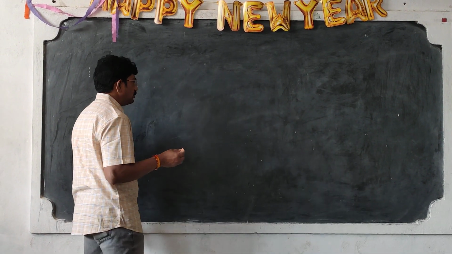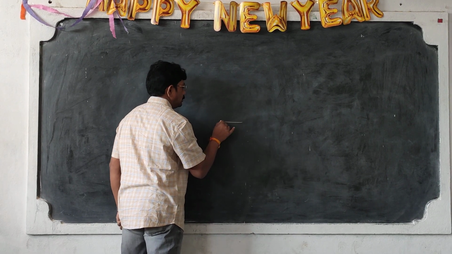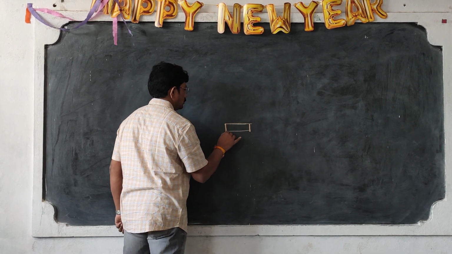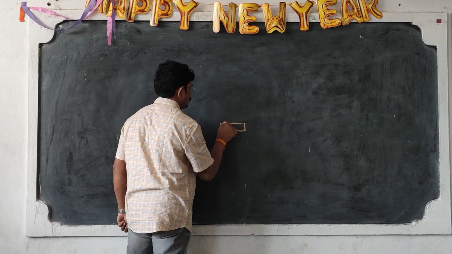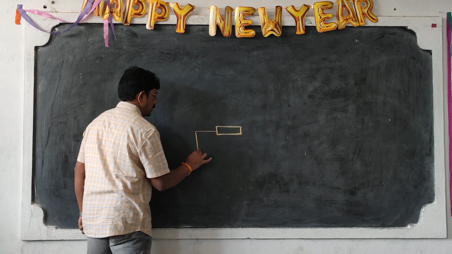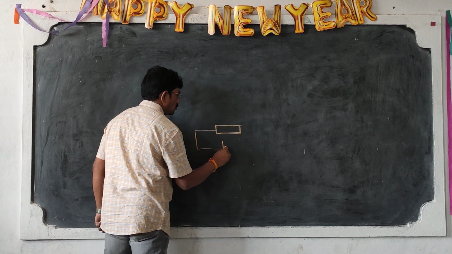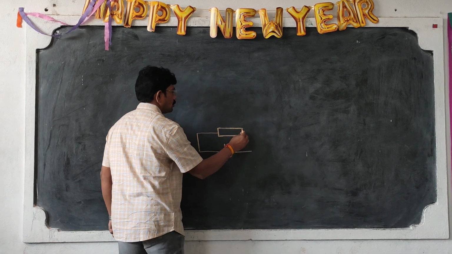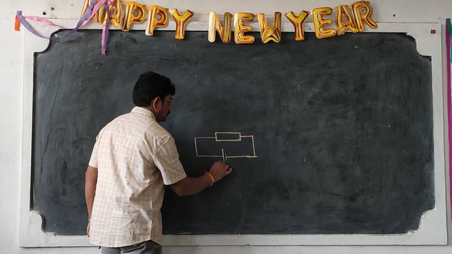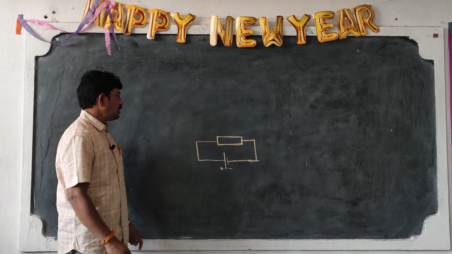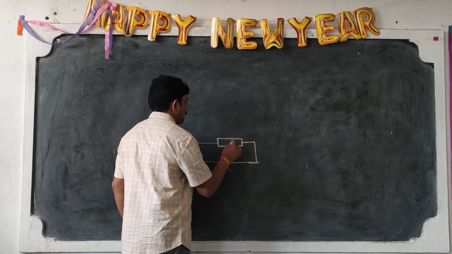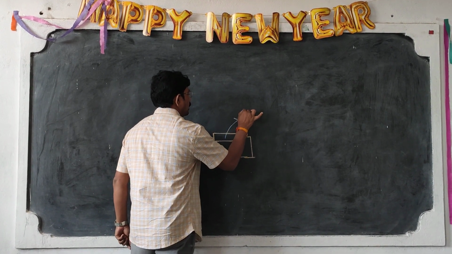Let us consider a conductor. This is the electrical conductor. When a potential difference is applied across the two ends of the conductor, an electric field is generated.